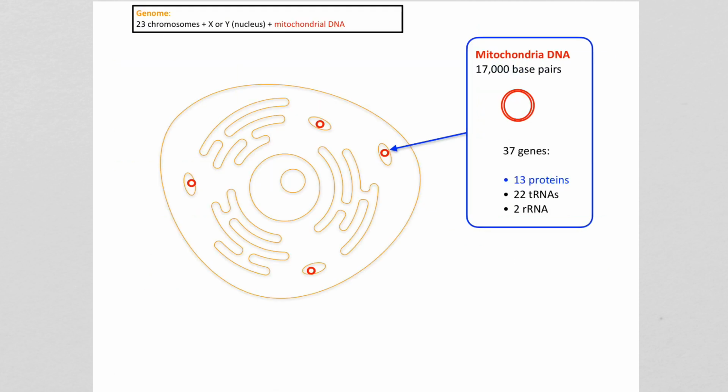So in your mitochondria, you have a circular DNA, which is about 17,000 base pairs, and there are about 37 genes found in this circular DNA. 13 of these genes code for proteins, and the other genes code for RNA. The rest of the proteins needed for the mitochondria will come from the genes from the nucleus.